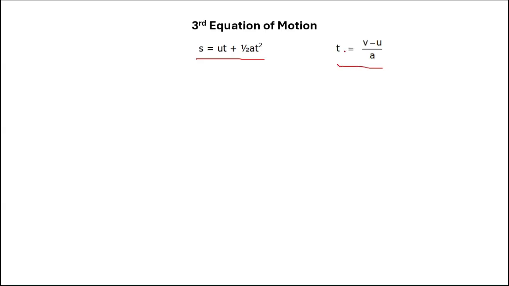So replacing t by v minus u divided by a, we get s is equal to ut plus half at square, where t is replaced by v minus u divided by a. Now we will just simplify this equation.